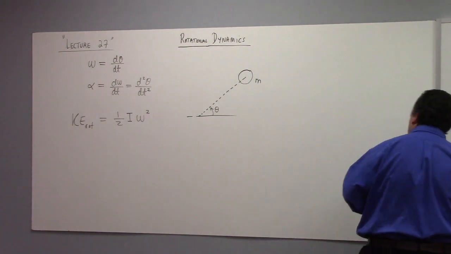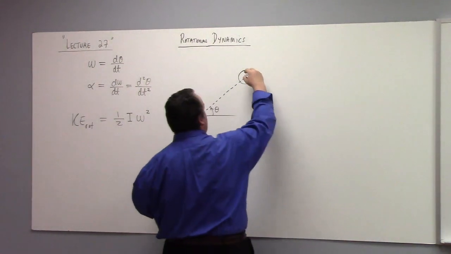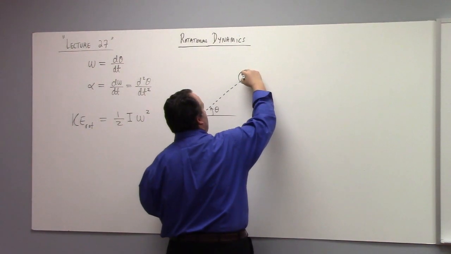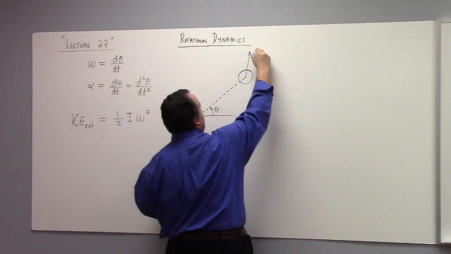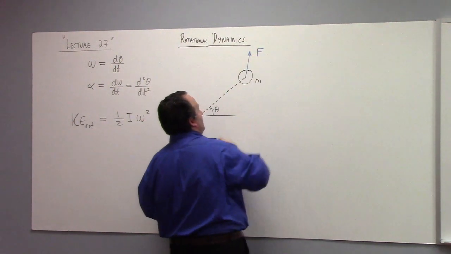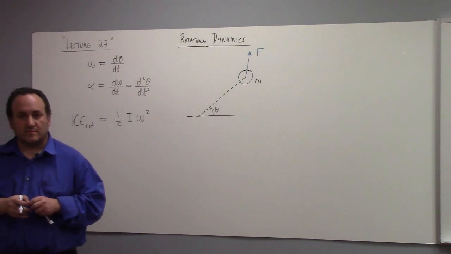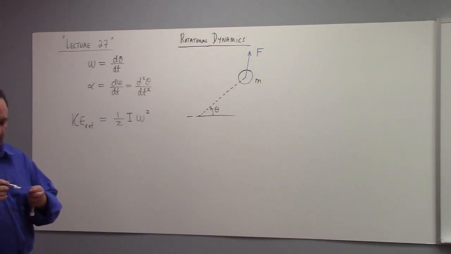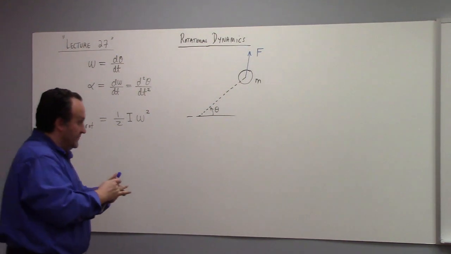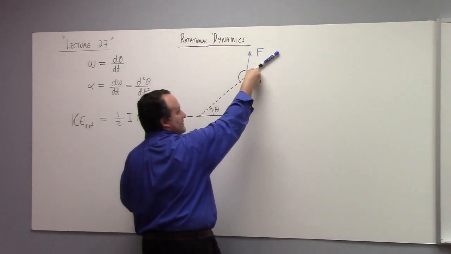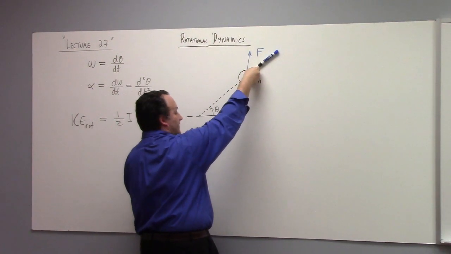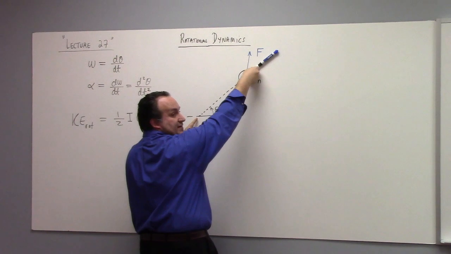If I was to take a force and put the force like this, what part of that force would cause a rotation? Not all of it, right? To be most dramatic, what if I made the force directly outward like this? If the force was purely radial from the center of rotation, there'd be no rotation at all. That wouldn't cause a rotational motion, right?